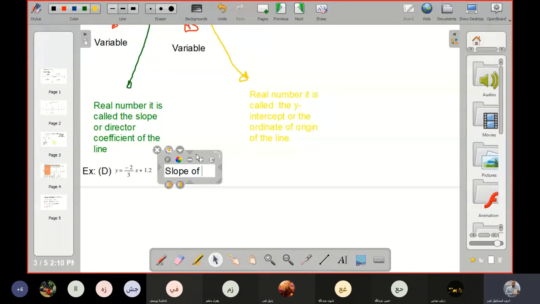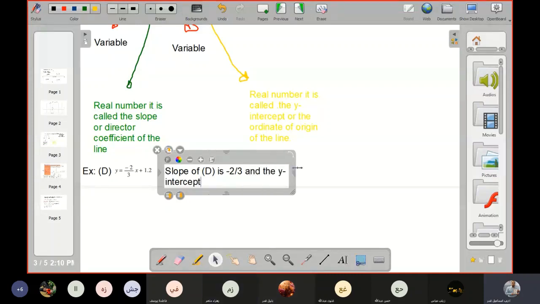The slope of line D is -2/3. Very good. And what is the y-intercept? 1.2.